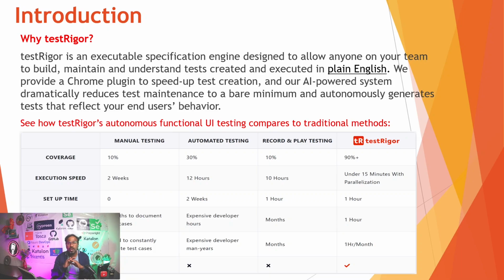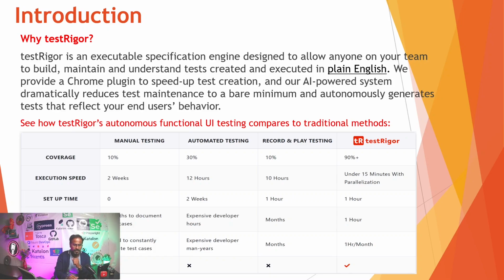You need not know any kind of locators or locator methods. testRigor provides a Chrome plugin to speed up test creation, and its AI powered system dramatically reduces test maintenance to a bare minimum and autonomously generates tests that reflect our end users' behavior.